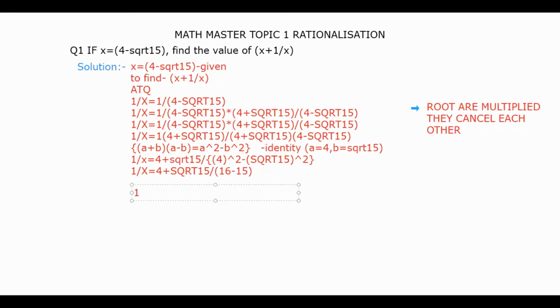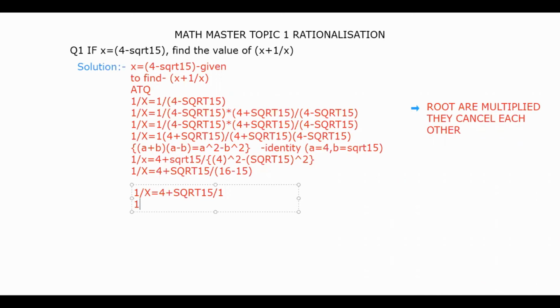Now 1 upon x will become, what will it become? 4 plus square root 15 divided by 15 minus 16 is 1. Very good.